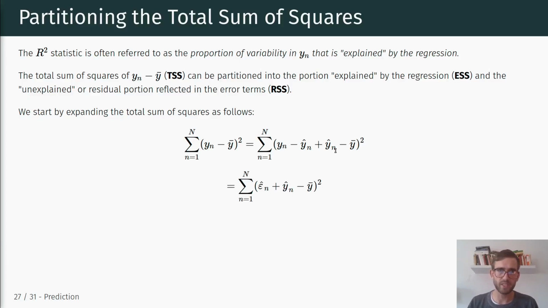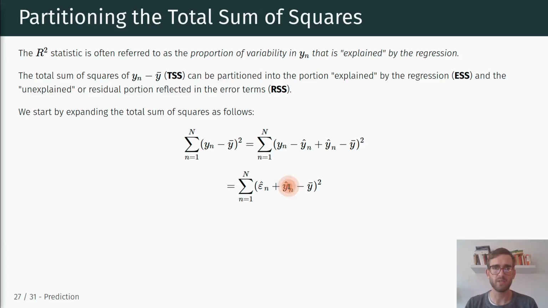But after we expanded this term with y hat, we can combine y_n minus y hat n as the residual epsilon hat n. Okay, so this becomes epsilon hat n. That's the deviation between our y_n, the observed y, and our predicted y.